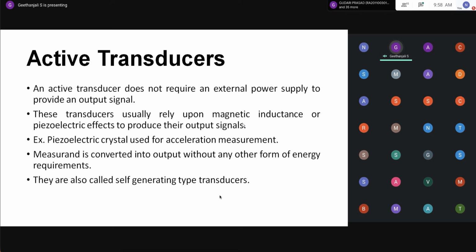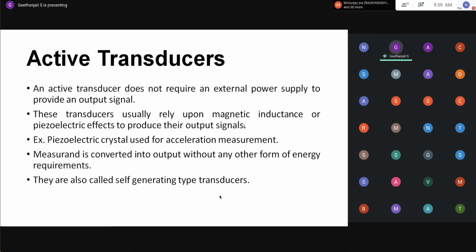These transducers usually rely upon magnetic inductance or piezoelectric effects to produce their output signal. So it mainly depends on the piezoelectric effect. Active transducers are used to convert one form of energy to another form. A piezoelectric crystal is used for acceleration measurement.